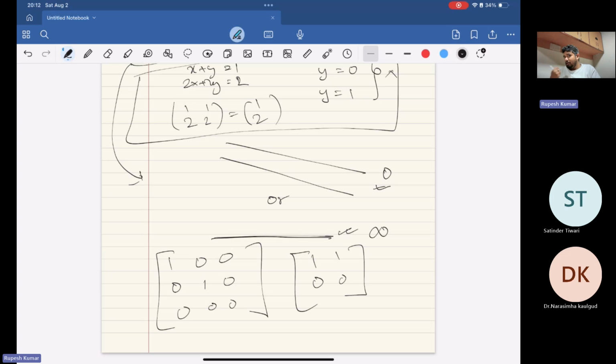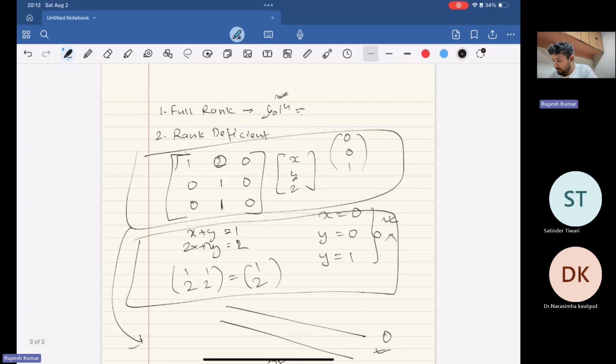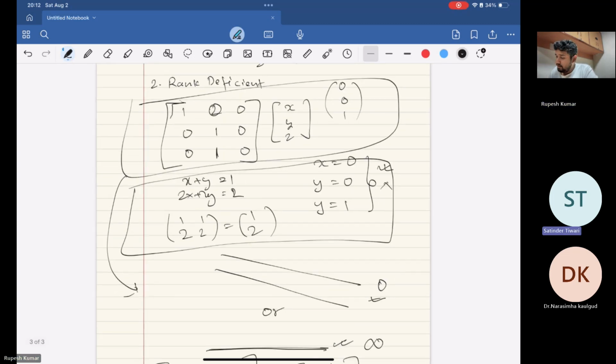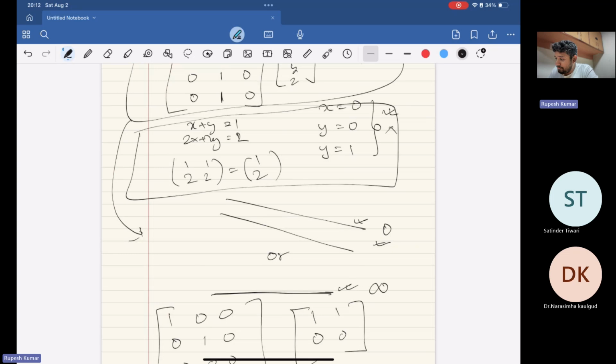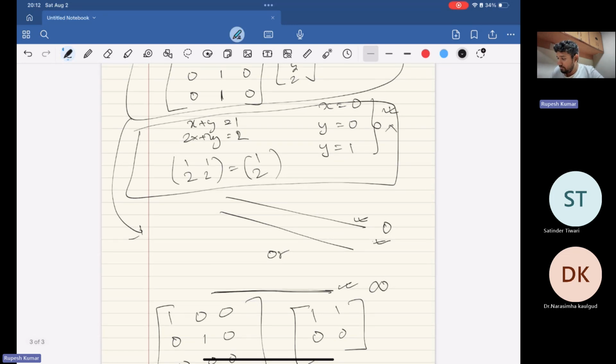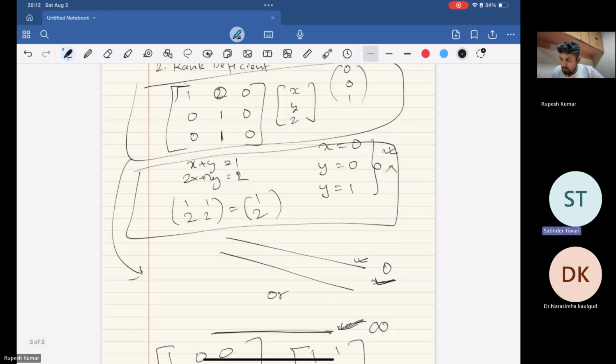If the number of pivots is less, then you can have zero or infinite solutions depending upon what is on the right hand side, depending upon whether the equations represent parallel or coinciding lines, planes, or hyperplanes. Lines in 2D, planes in 3D, and hyperplanes in higher dimensions. It generalizes well, but only these two cases arise.